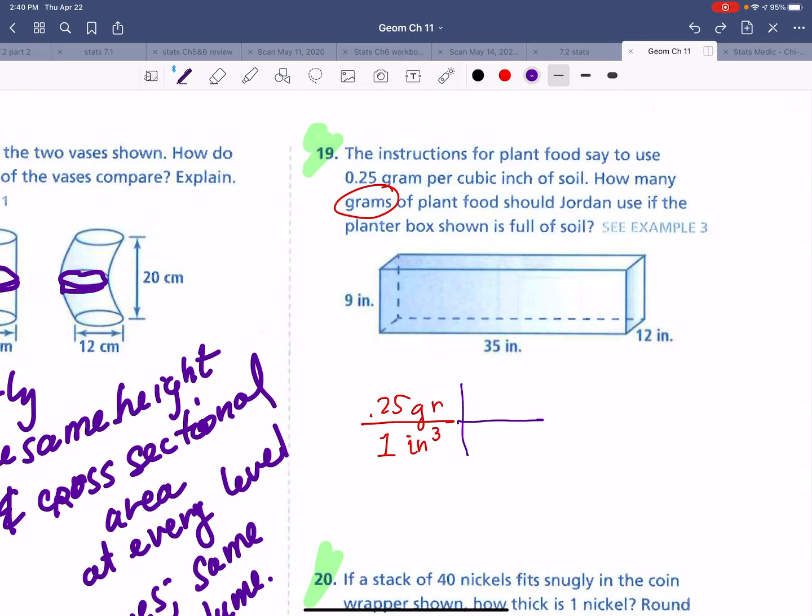Right? That's my plan. So I need to put my volume here. What's my volume? The area of my base times however high I stacked it. Let me check that calculation.